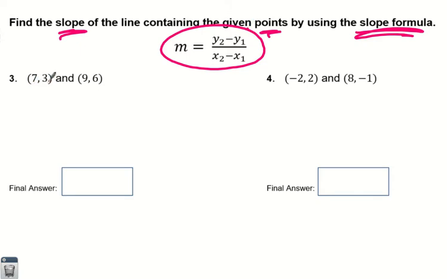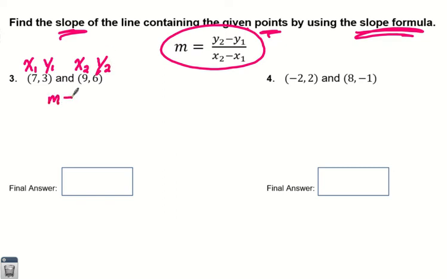remember both of these points go x, comma, y. X, comma, y. It's just that this is our first x, and our first y, and this is our second x and our second y.